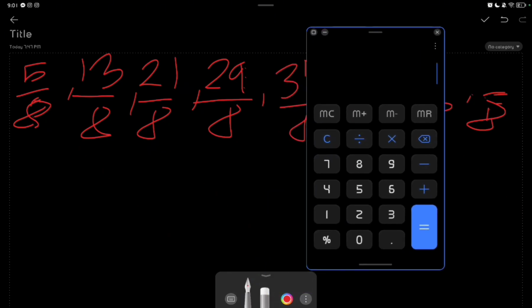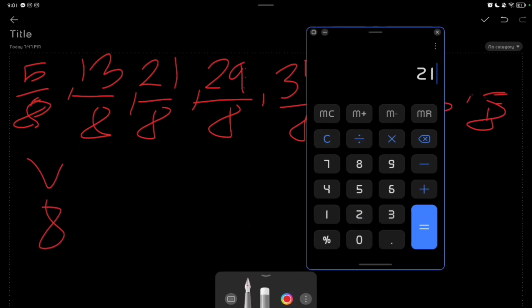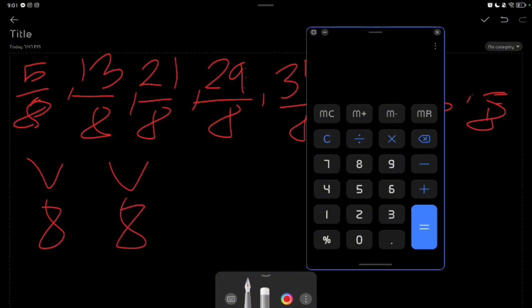We will subtract the first term from the second term. 13 minus 5 is 8. And then 21 minus 13, is it 8 also? So 29 minus 21, of course, 8.